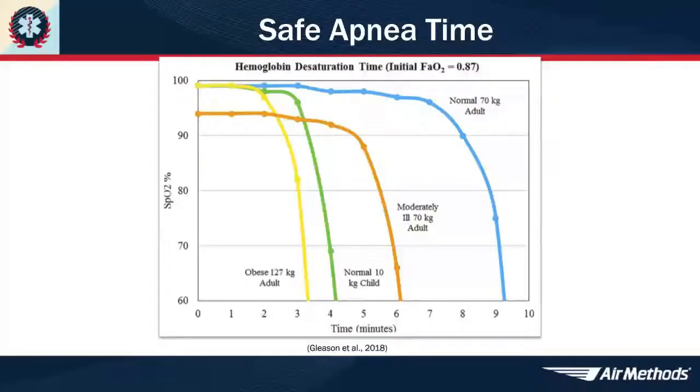All right, this is that hemoglobin desaturation curve that I talked about in the last lecture. This is why we want to pre-oxygenate our patients, and it shows, like I said earlier, how they fall off the cliff once they get below a certain level. And the blue line there is a normal 70-kilo adult.